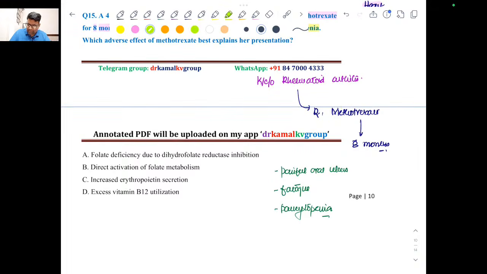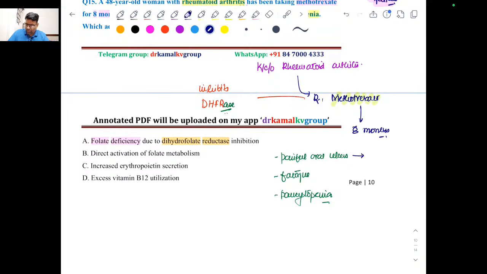Yes, if you know the mechanism of action of methotrexate, it acts by inhibiting dihydrofolate reductase, right? And this will cause folate deficiency. So, it inhibits dihydrofolate reductase enzyme. Now, painful oral ulcers suggest development of mucositis.